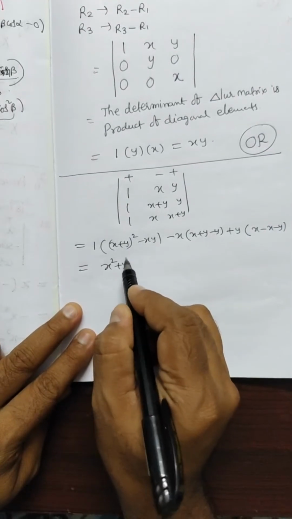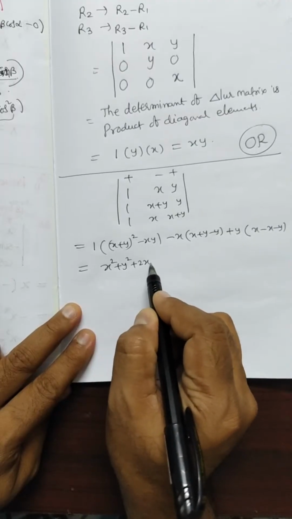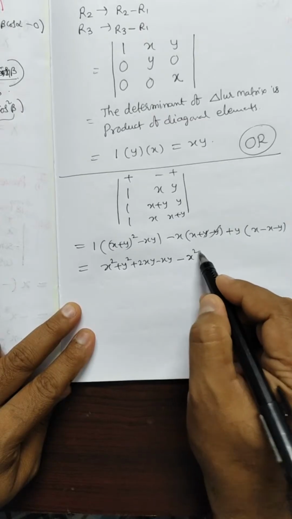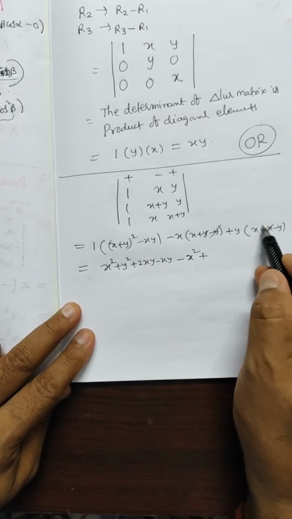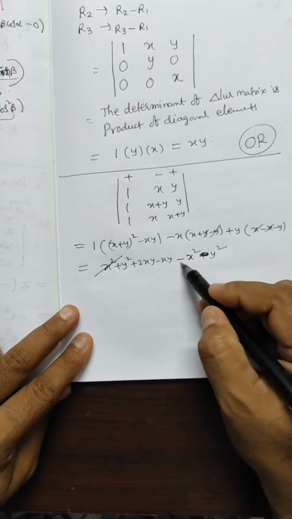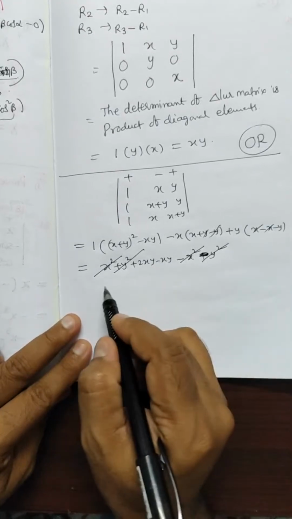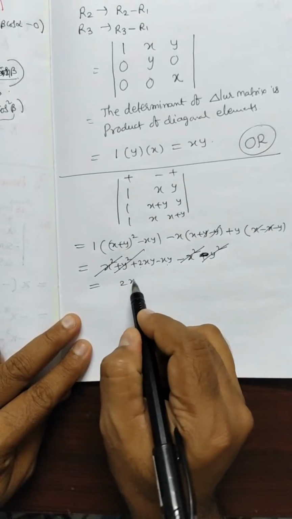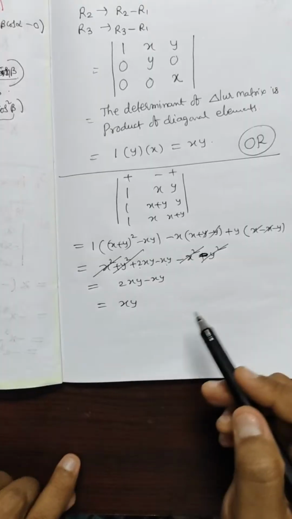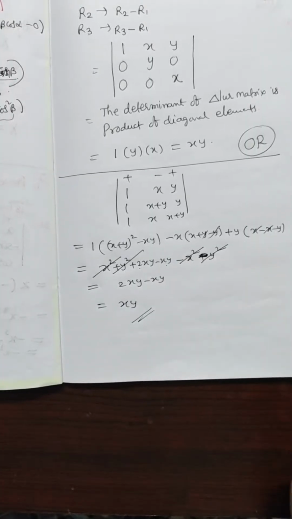So x square plus y square plus 2xy minus xy, minus x square, minus y square plus x square, minus x square plus y square minus y square, 2xy minus xy, that is equal to xy. Alternate method also we finished, dear students.